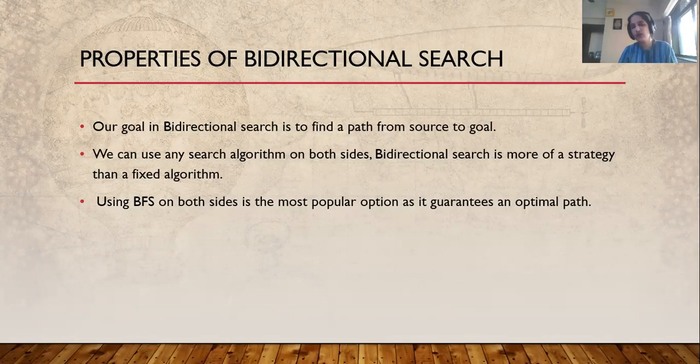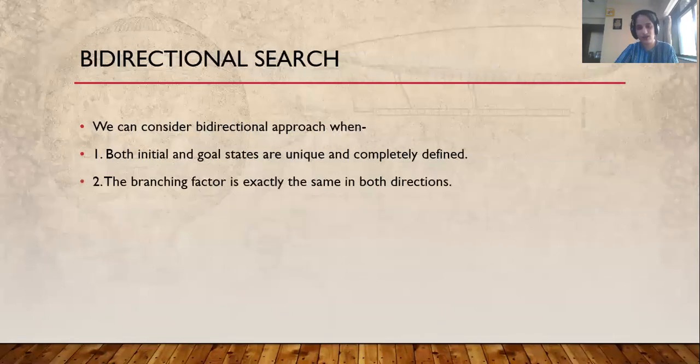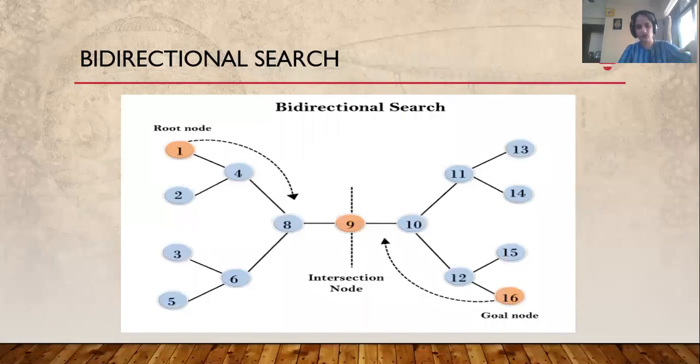While moving into the depth from the root node, it might end up somewhere over here, or maybe it does not reach a point which is an intersection node for both of the searches. From the goal node, depth first search is implemented as well and it starts ending over here, and there is no place from there to continue, and then it backtracks.